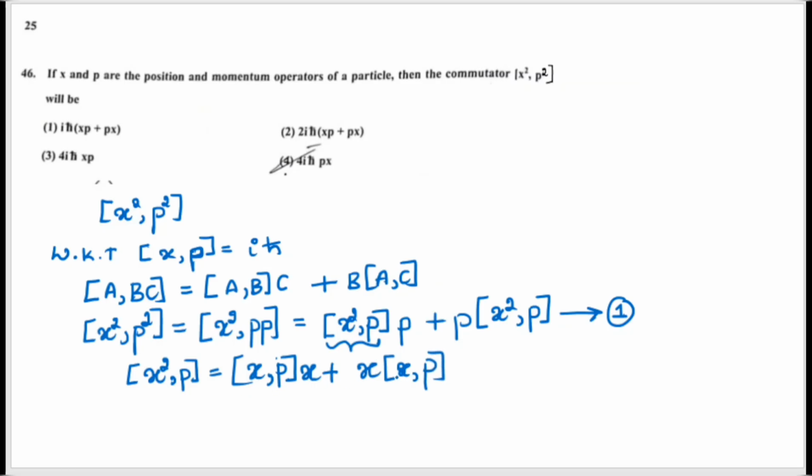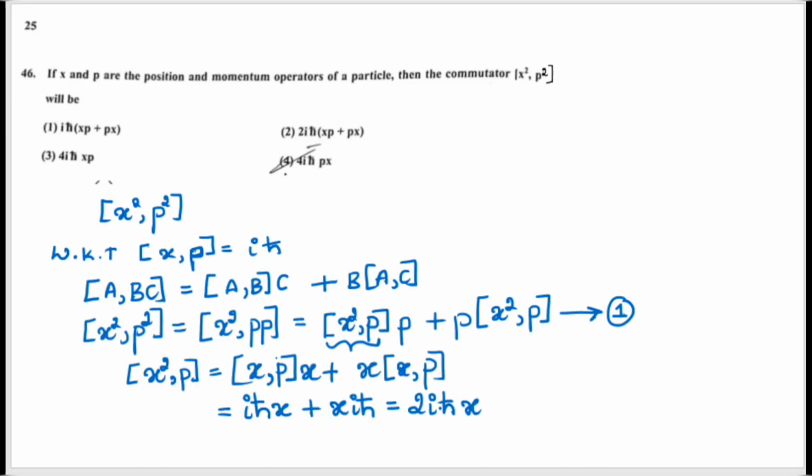This is what we get. But we know that x comma p is nothing but i into h cut. So i into h cut into x plus again x into i into h cut. So what is the solution we are getting? It is 2 times i into h cut into x.